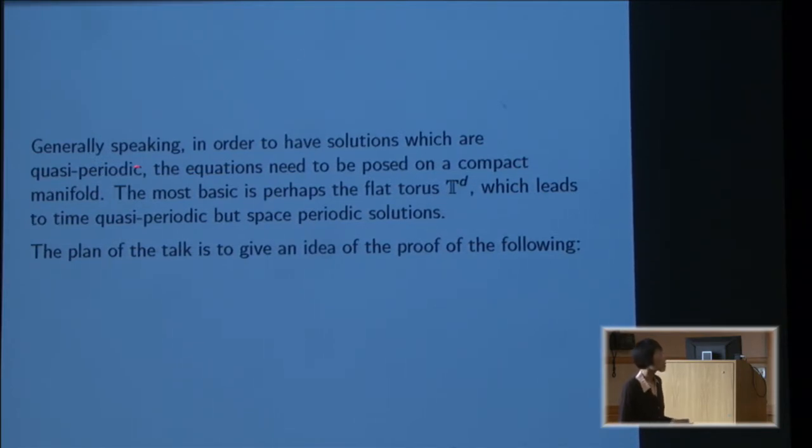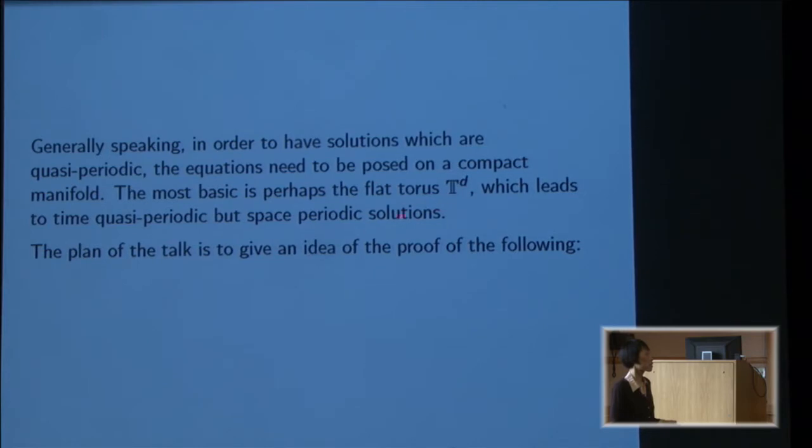Now, generally speaking, in order to have solutions which are quasi-periodic, the equations need to be posed on a compact manifold. This is anticipating. And the most basic is perhaps the flat torus T^d, which leads to time quasi-periodic but space periodic solutions, right?